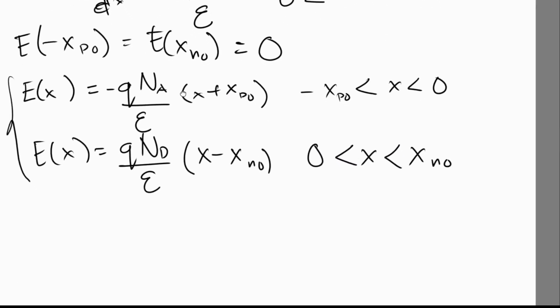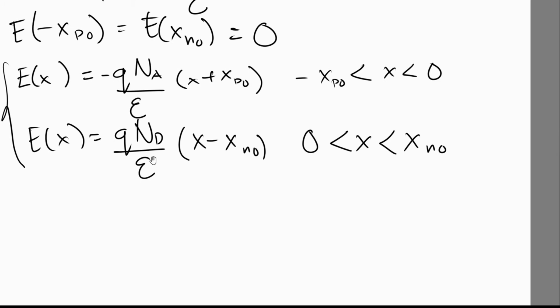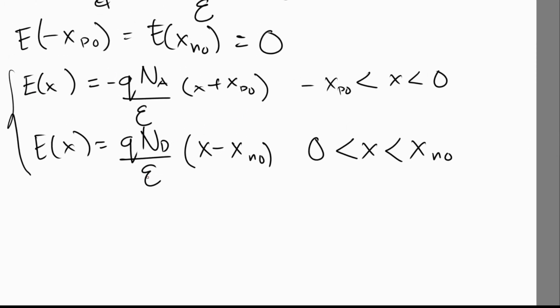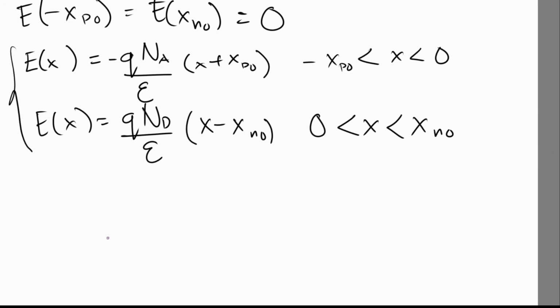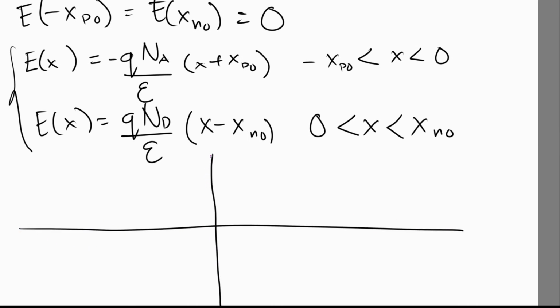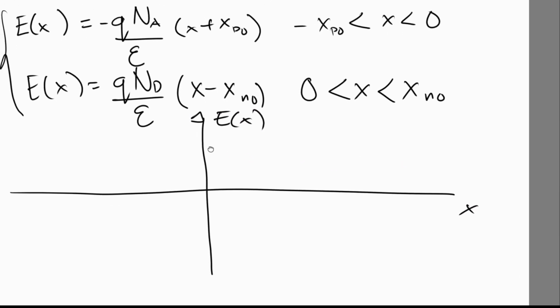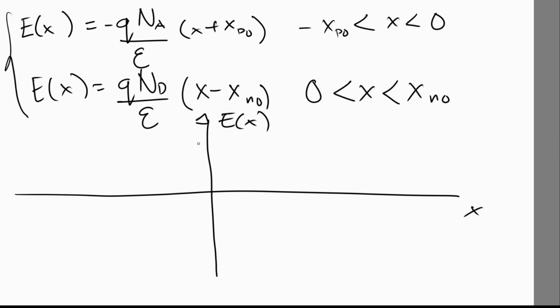The built-in electric field strength profile using this expression here, if we graph this, would look something like this. E of x versus x. Again, x at 0 is our junction. This is the position of your junction.